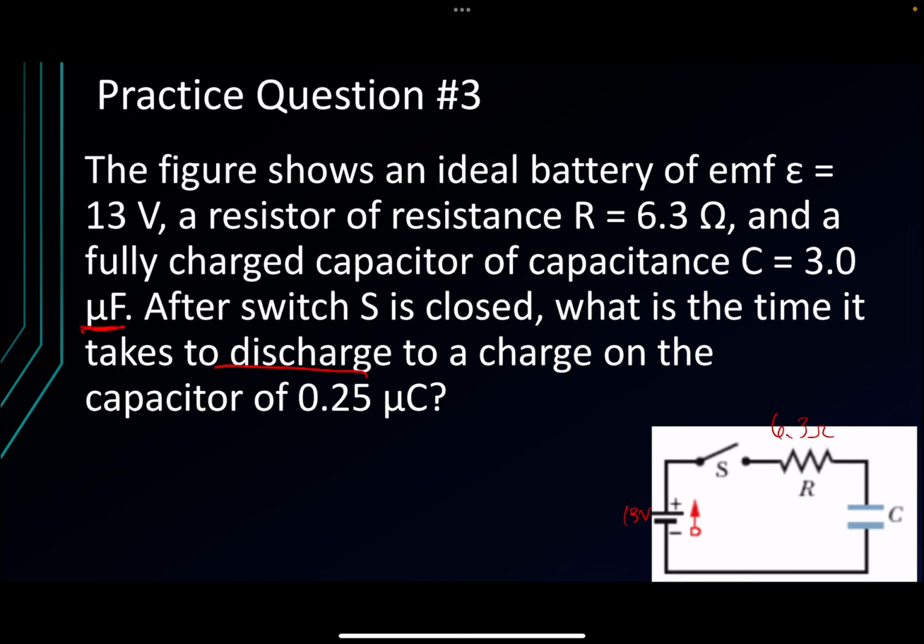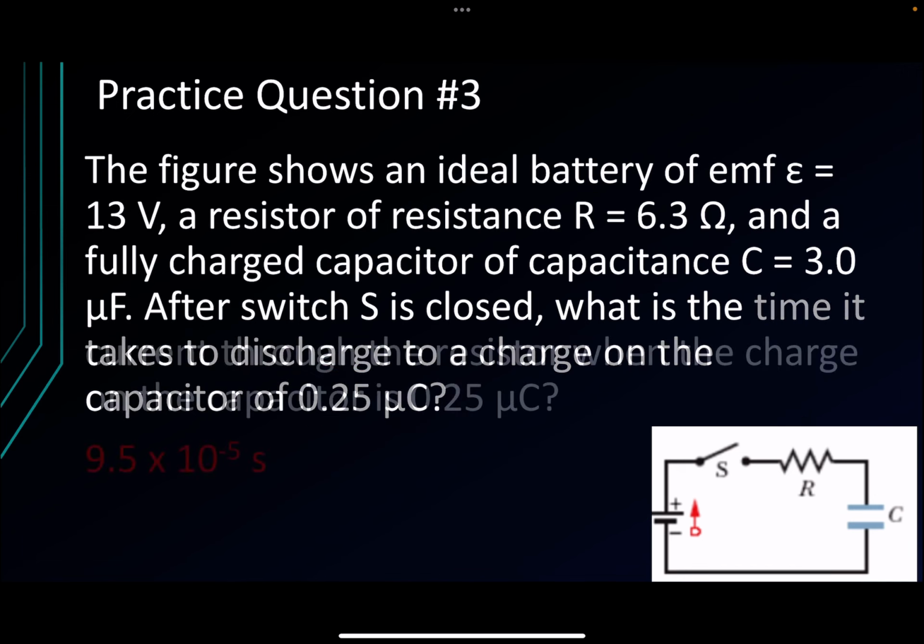Okay, so we'll just put 3. I like to change those right away just so you don't forget to do that later. After the switch is closed, what is the time it takes to discharge to a charge of 0.25 microcoulombs?